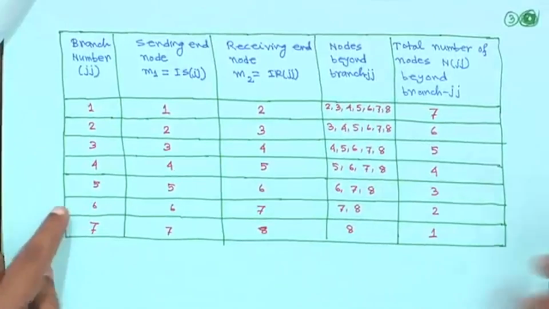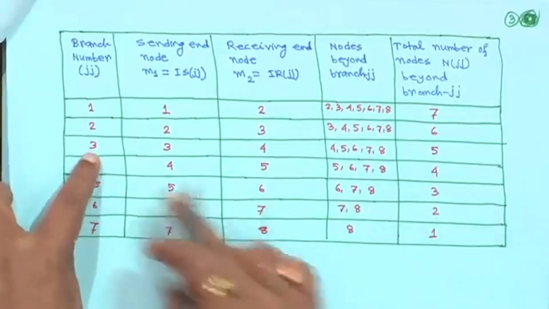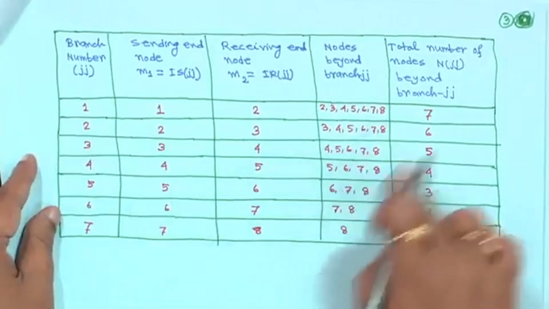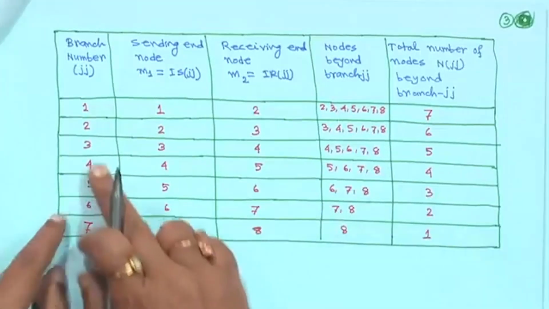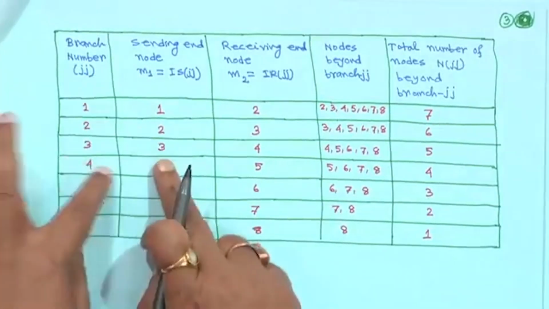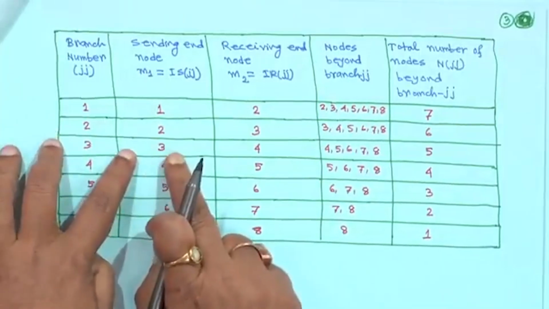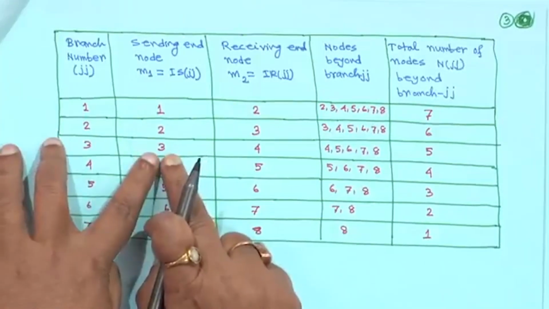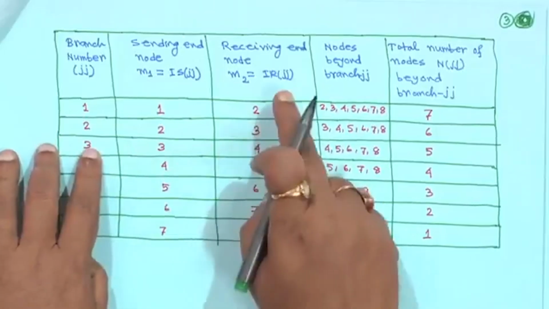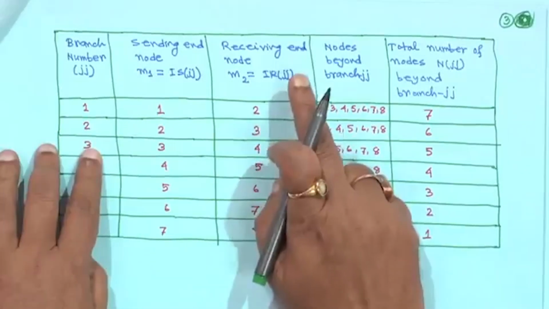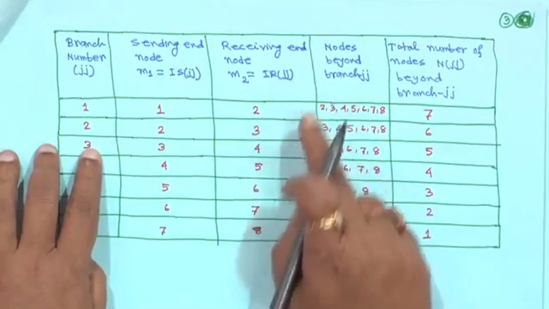Okay, once more I tell you, when j j is equal to 3, you have to read all this data, right. So, when j j is equal to 3, branch number 3, your M1 will be equal to IS j j, that means IS3 will be equal to 3, that is the sending end node for branch 3, and M2 is equal to IR j j. So, M2 will be equal to IR3, which is equal to 4.